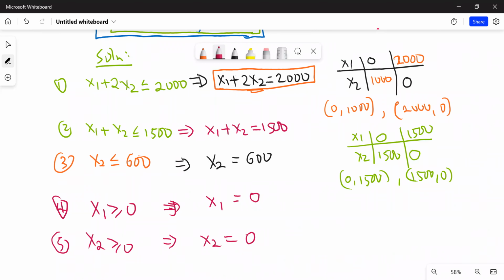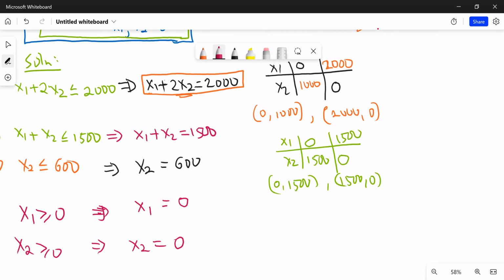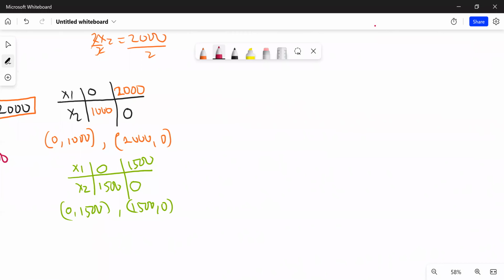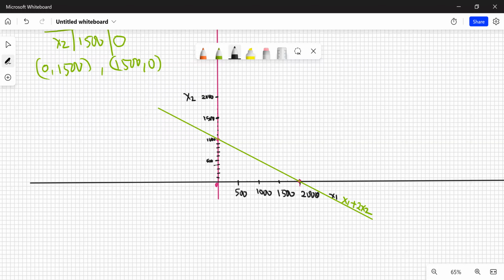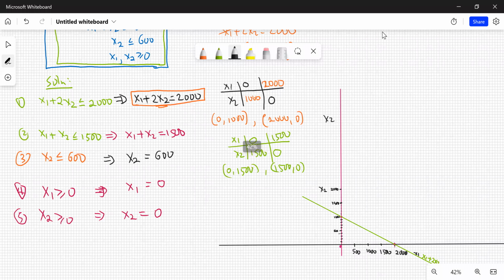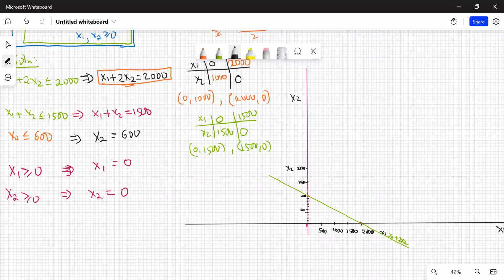Let's draw all these lines on a Cartesian plane. I want to draw them here. We have already obtained the points through which all the lines are passing, and now we are starting to draw the lines.